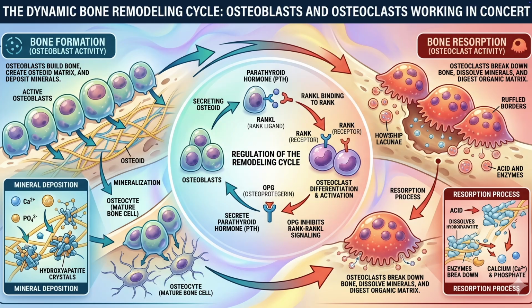Then in the center, you have a little bit more of the specific biochem, where you have RANKL and your OPG. Okay, the simplest way I can think of explaining this is RANKL is going to activate your osteoclasts, and OPG is what's going to work to activate your osteoblasts.